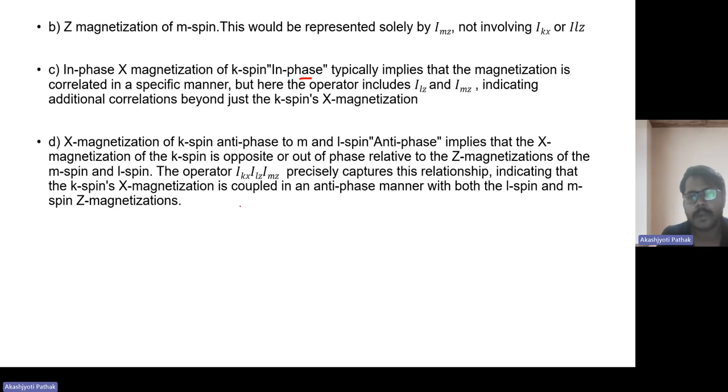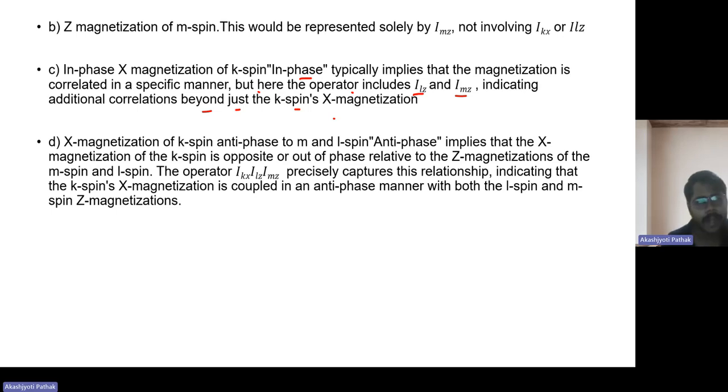But here the operator includes ILZ and IMZ, indicating additional correlations beyond just the K spin's X magnetization.